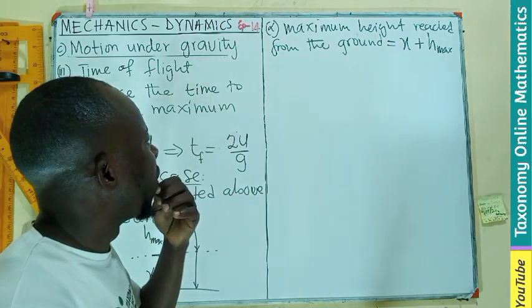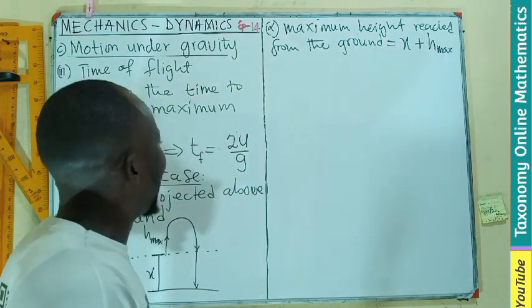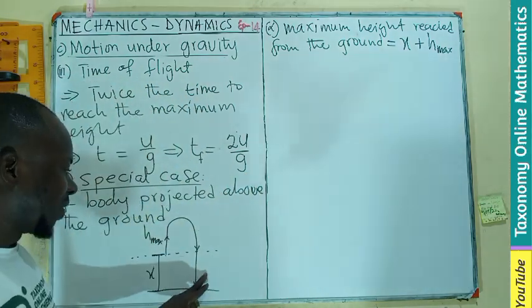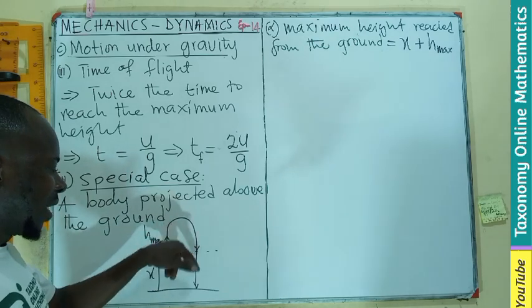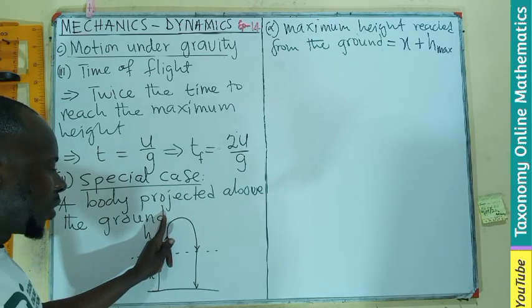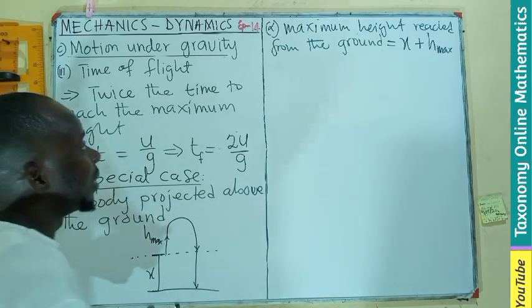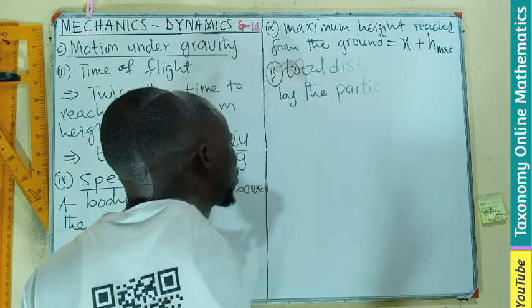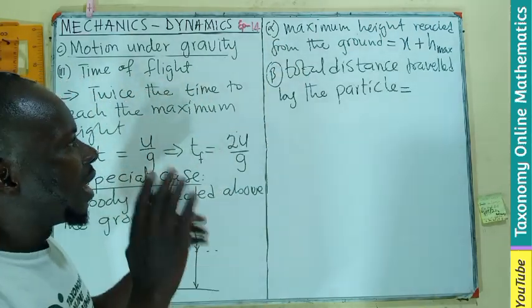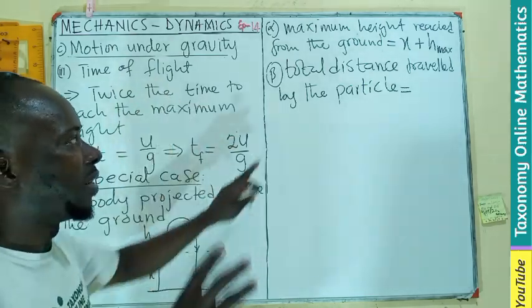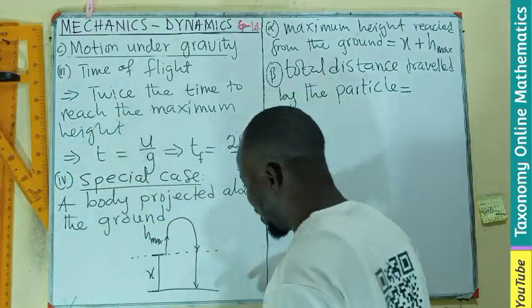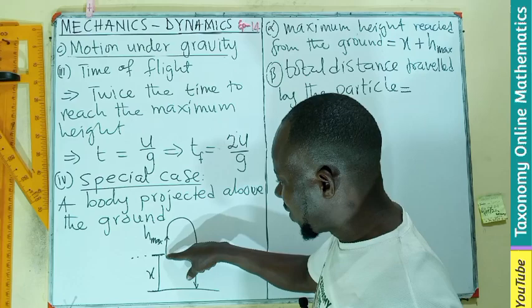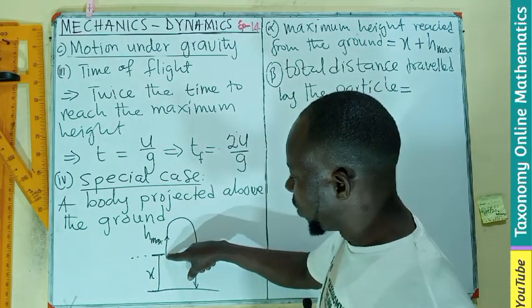But if we are looking for the total distance covered, right? Total distance covered. It moves up, comes back, total distance. Then my beta, the total distance traveled or covered by the particle, is going to be, first of all, let's start from where it was thrown. It is being thrown from here.